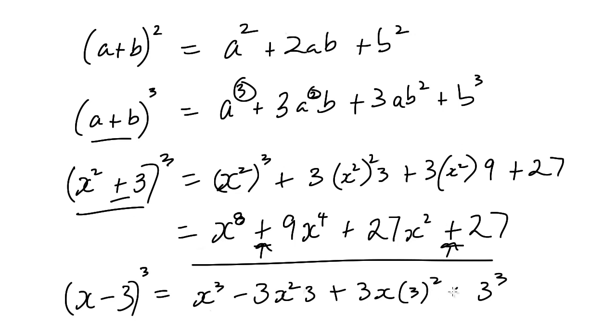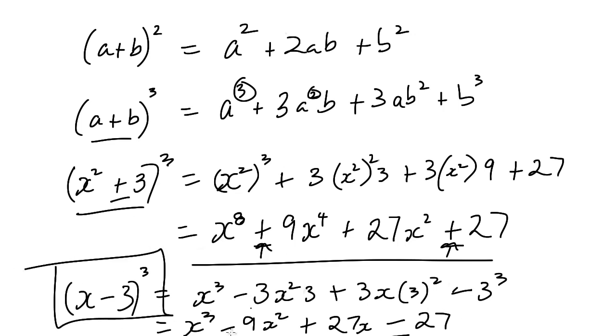Then I would evaluate that further, and I'd get x cubed minus 3 times 3 is 9, so minus 9x squared, plus 3 times 3 squared, which is 3 times 9 is 27, so I'd end up with 27x, minus 3 cubed, which is 27. So pretty similar. Expanding this perfect cube is very similar, except there's a minus sign there and there's a minus sign there.